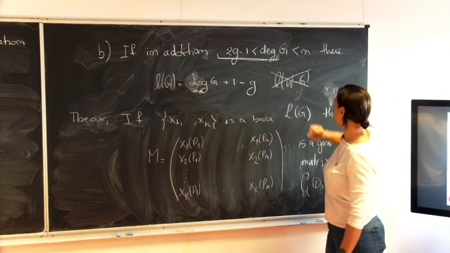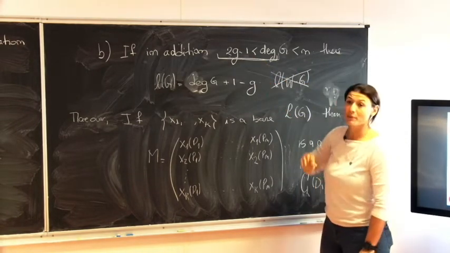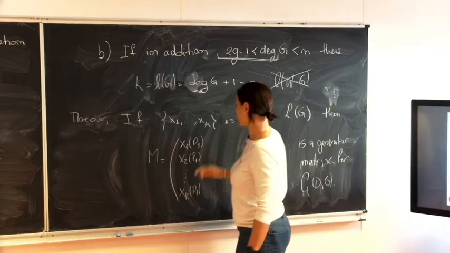So this is not here when the degree of G is greater than 2g minus 1. And so we have what we want. And this is for classical theory.